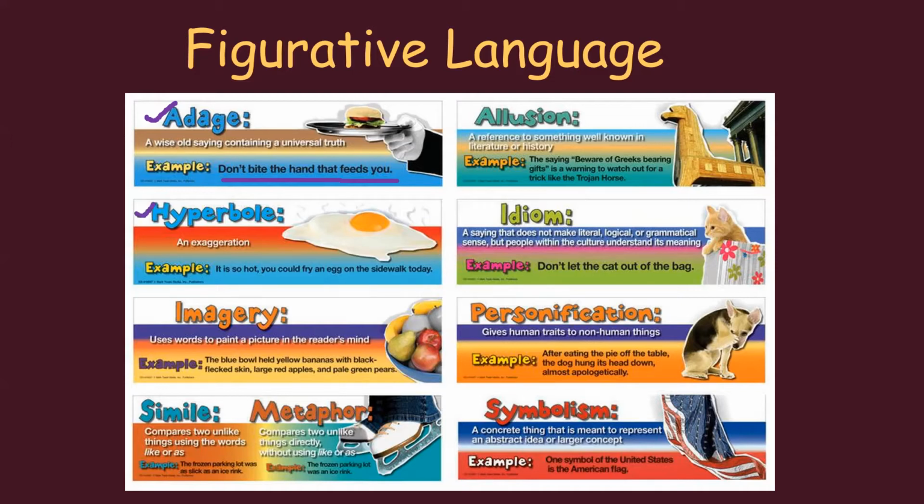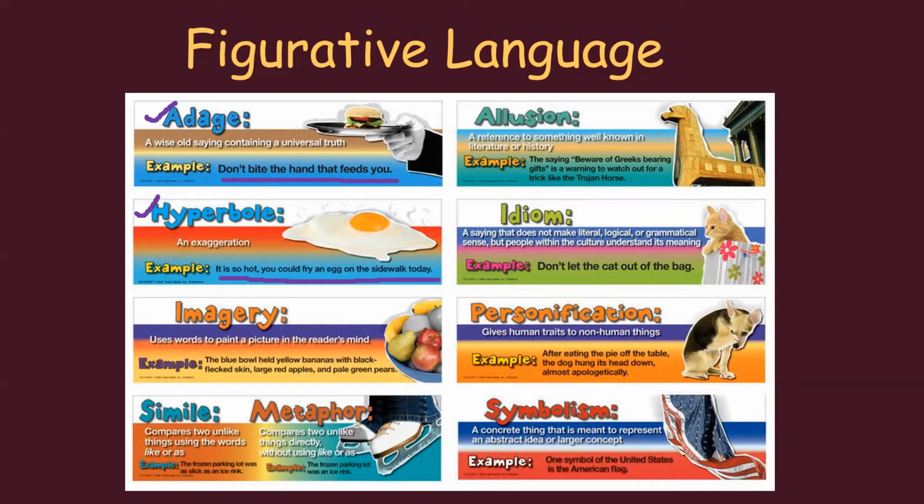Next, we have a hyperbole. A hyperbole is an exaggeration, and those are very, very common in communication. The example here is, it is so hot you can fry an egg on the sidewalk today. So, do we fry eggs on the sidewalks? No, we do not.